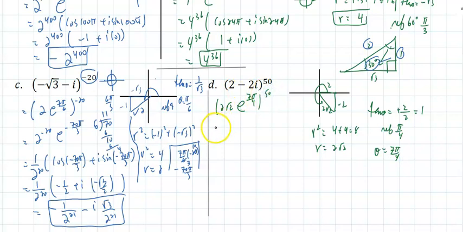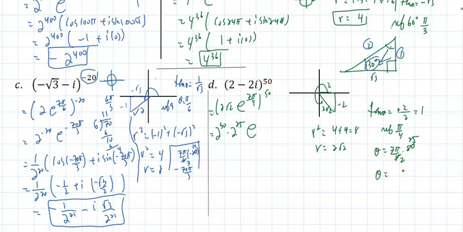So that's going to be 2 to the 50th, and this is 2 to the 1/2 times 2 to the 25. e, and if I take 7 pi over 4 multiplied by 50, divided by 2, that is 7 times 25.